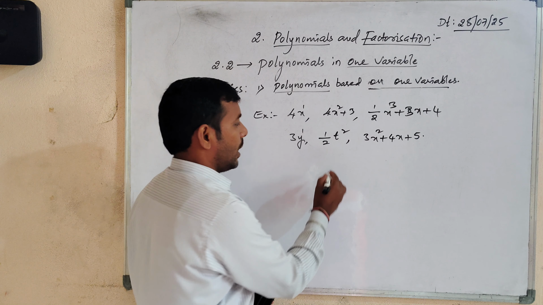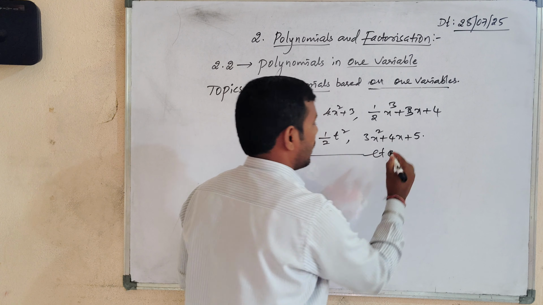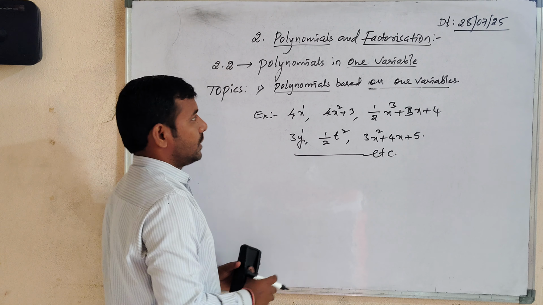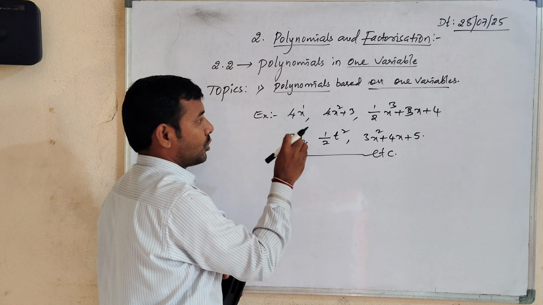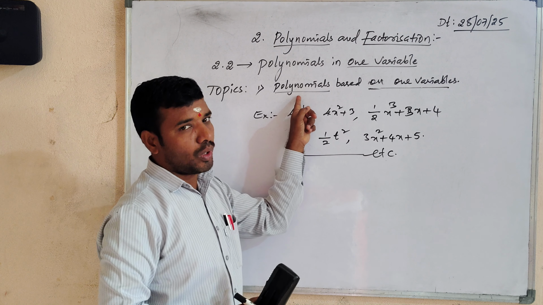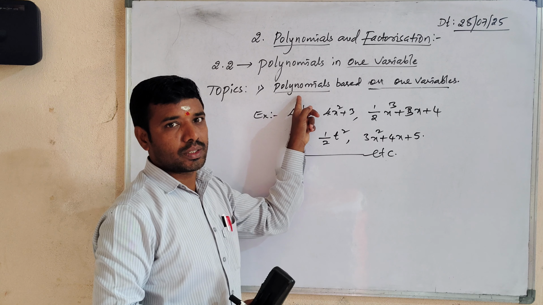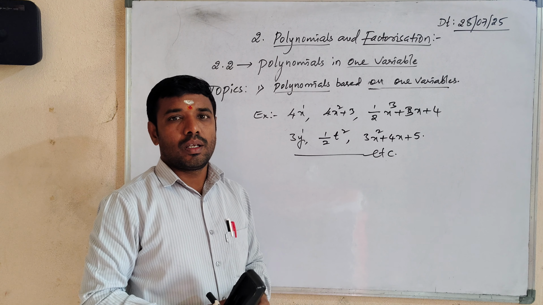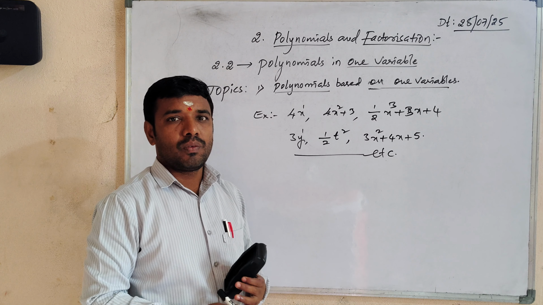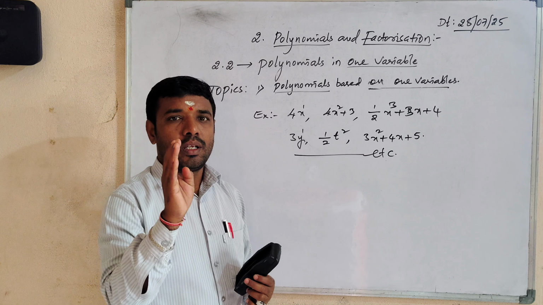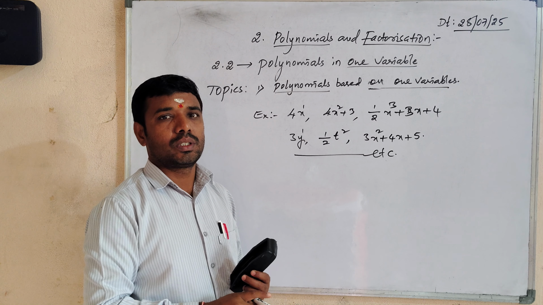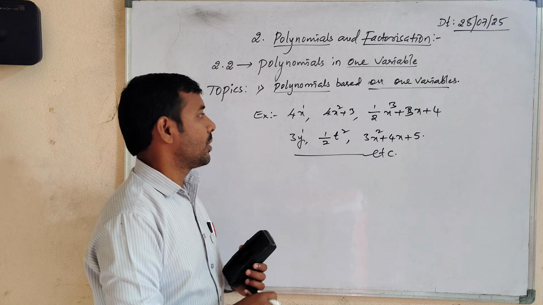So this is also one of the polynomials which is having one variable. Like this we can extend. But whenever you are giving examples, they should follow two conditions. One is it should be a polynomial, in a sense, the algebraic expression which contains the exponents of the variables as non-negative integers is known as a polynomial.